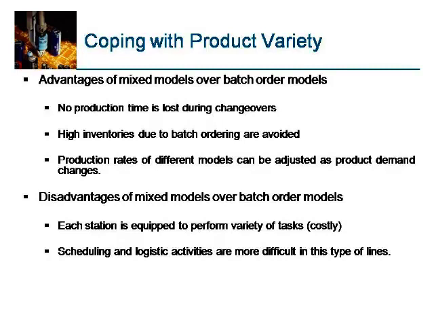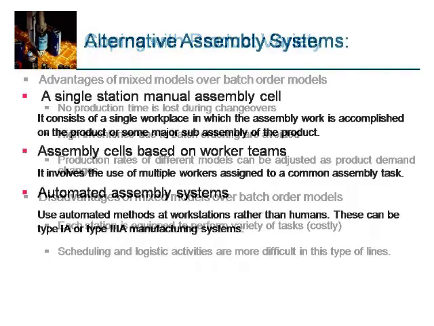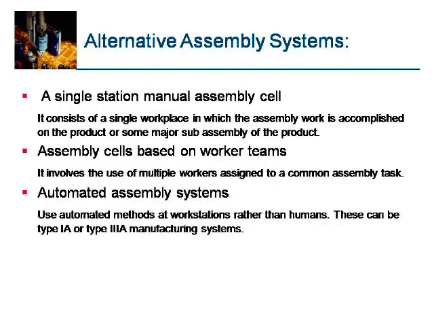And disadvantages of mixed models over batch models are that each station is equipped to perform a variety of tasks, and scheduling and logistic activities are more difficult in this type of line. Alternative assembly systems are a single station manual assembly cell.